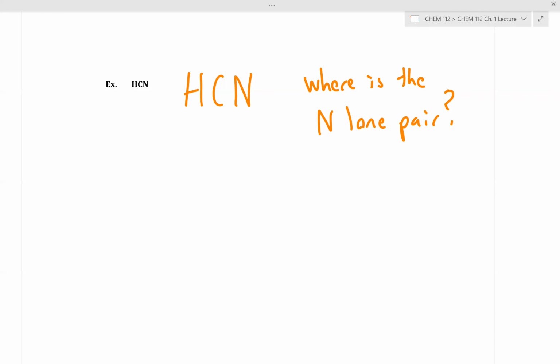Does that make sense? Just like our example comparing methane and ammonia, it follows similar logic. The only difference between carbon and nitrogen is one of our orbitals may end up having something else.